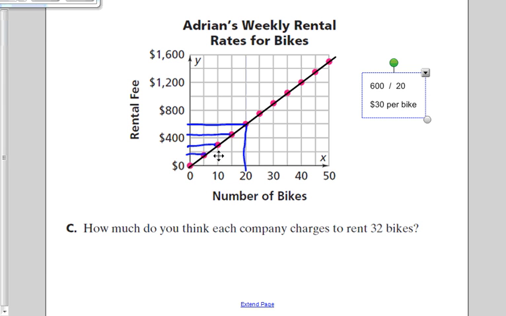So 10 times 30 would give us 300. So this all works out. This is all a linear relationship. So how much do you think this company charges for 32 bikes? Well, we have a simple equation now: 32 times 30, seeing as we know they charge $30 per bike. There you go. I want you to figure that out.